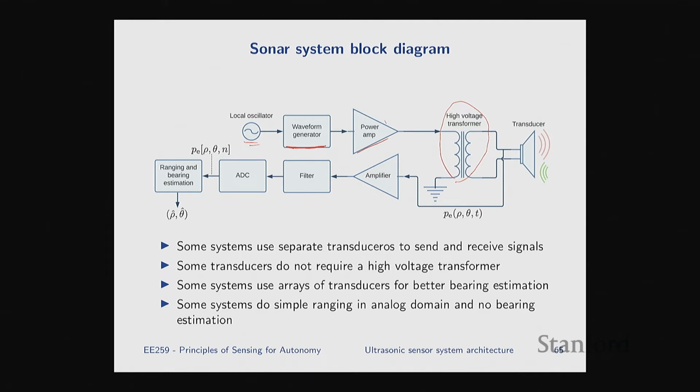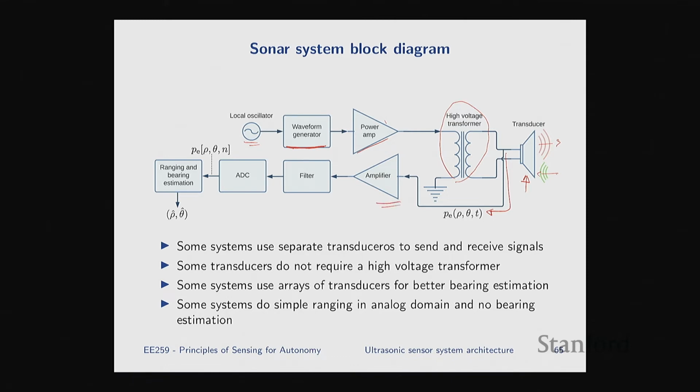Here we are showing one where the same component is both the transmitter and the receiver. So you first transmit your wave, and then you also collect the echoes. And the echoes come to the receiver path. On the receiver side, also very simple. You just amplify it.